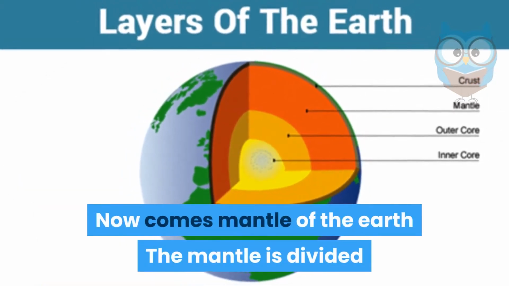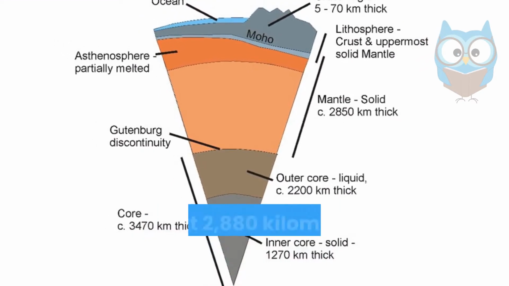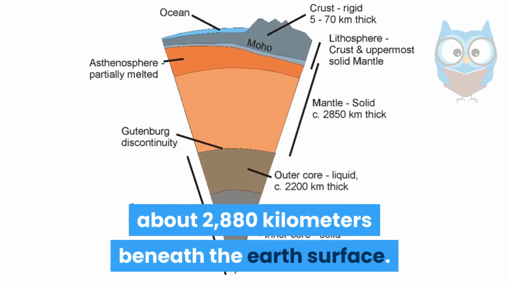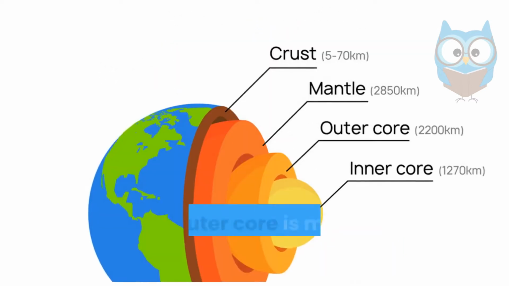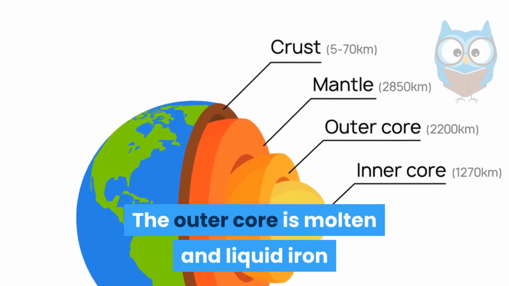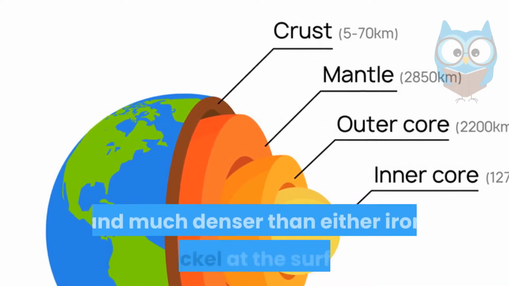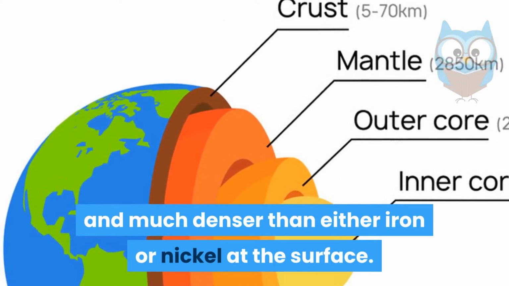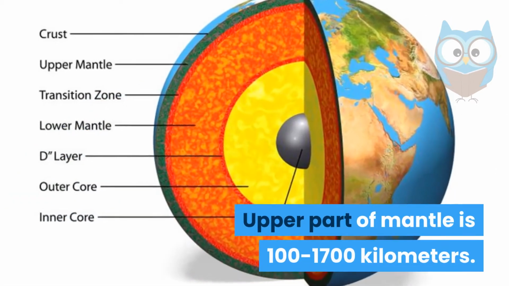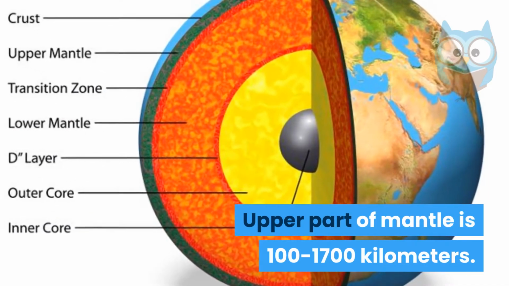The mantle is divided from the core by the Gutenberg discontinuity, about 2,880 kilometers beneath the Earth's surface. The outer core is molten liquid iron and nickel, while the inner core is solid and much denser than either iron or nickel at the surface. The upper part of the mantle is 100 to 1,700 kilometers.